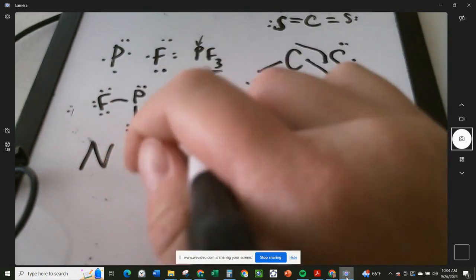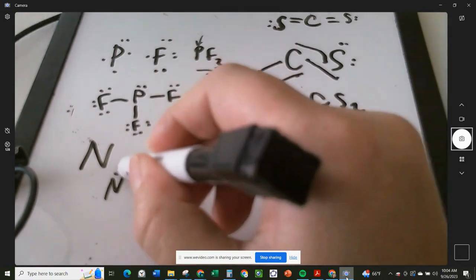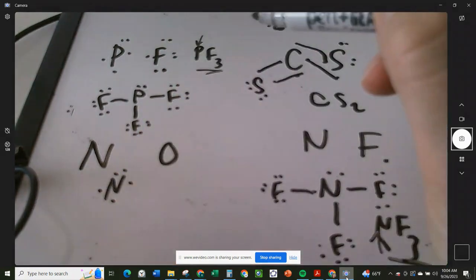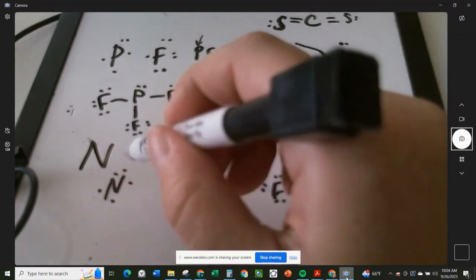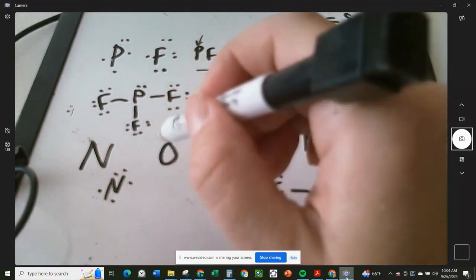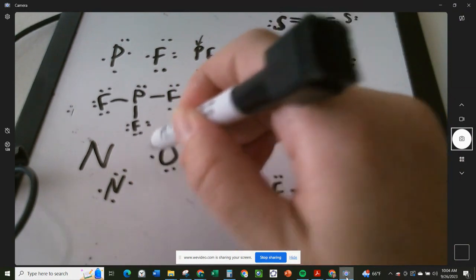Let's see, this one is a little bit weird. Nitrogen has 5 valence electrons, so it has 3 unpaired electrons. Oxygen has 6.